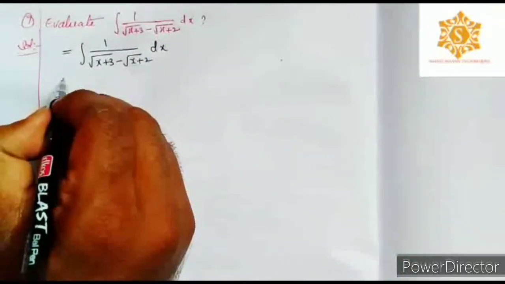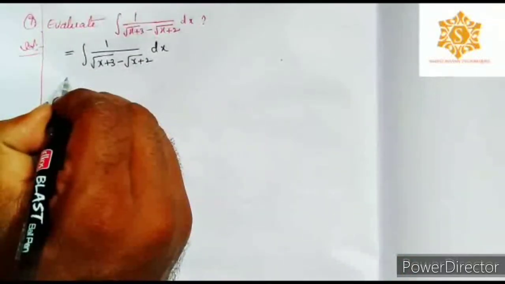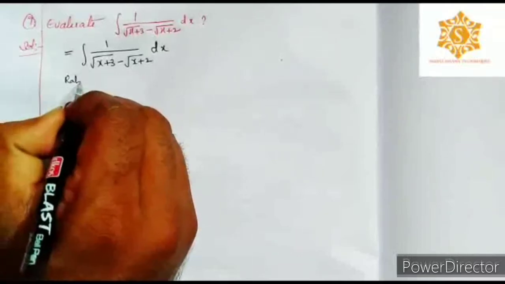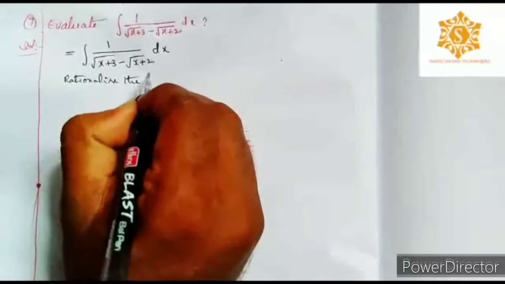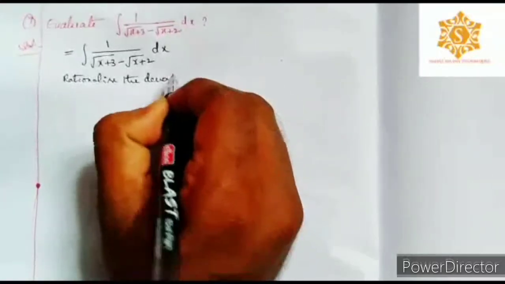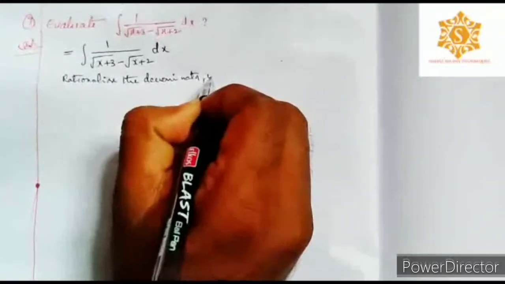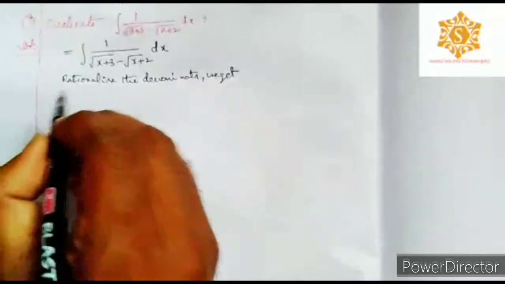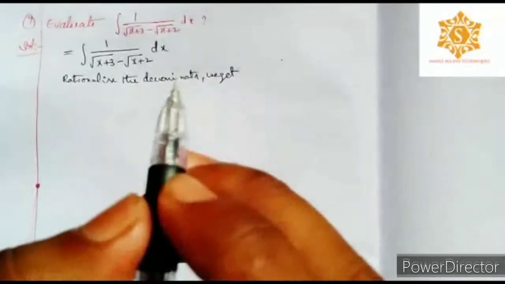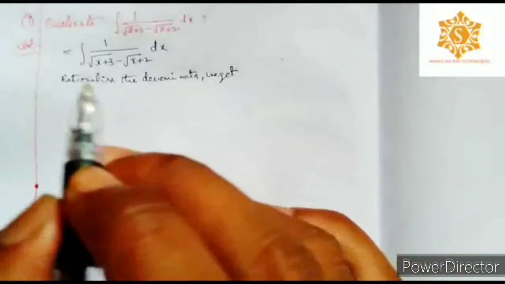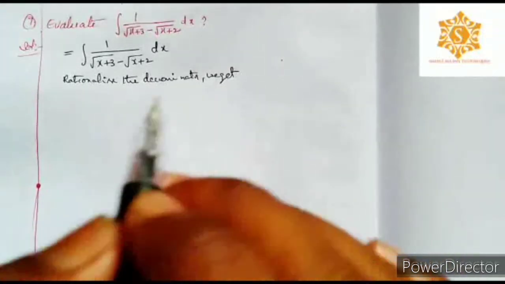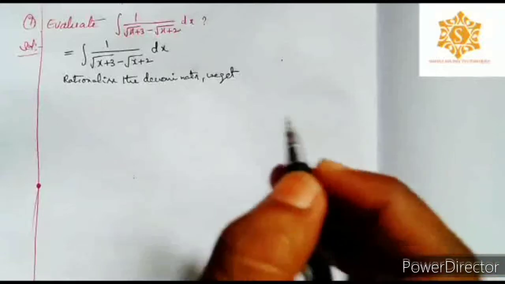Here rationalize the denominator. We get, to rationalize the denominator, we multiply the numerator and denominator by square root of x plus 3 plus square root of x plus 2.